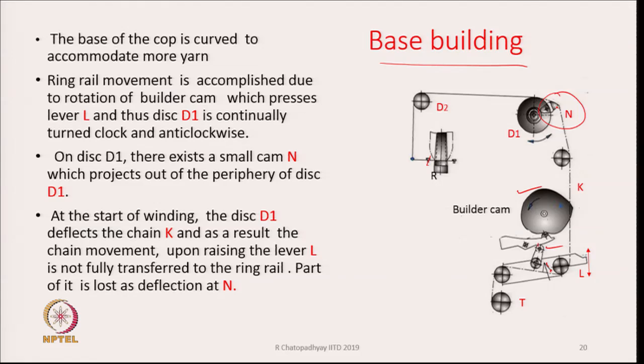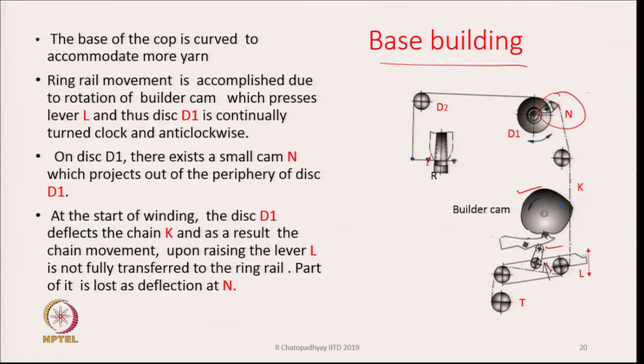So, what happens when we start the winding process? At that time the way this cam is set, it will deflect this chain. This is the chain K shown here, and deflection is maximum at the beginning of the winding process.